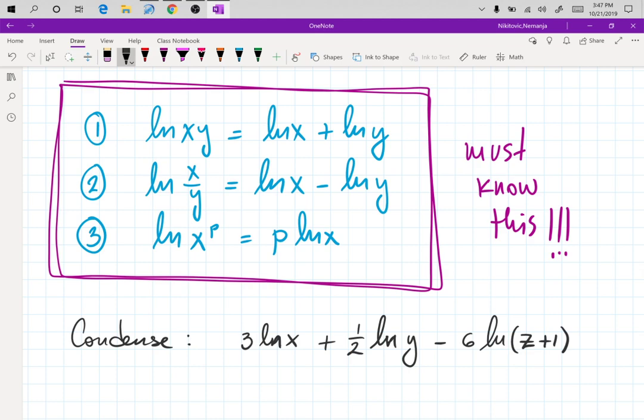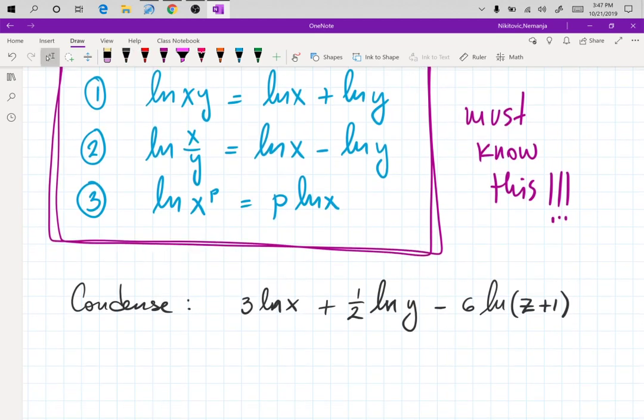So this is a standard pre-calculus problem, homework, exam, whatever. I always have this on the exam when I teach the course. And if you observe the formulas, you see that the 3, 1/2, and 6 all go as exponents of the argument inside. So your first step would be to put those inside as exponents.